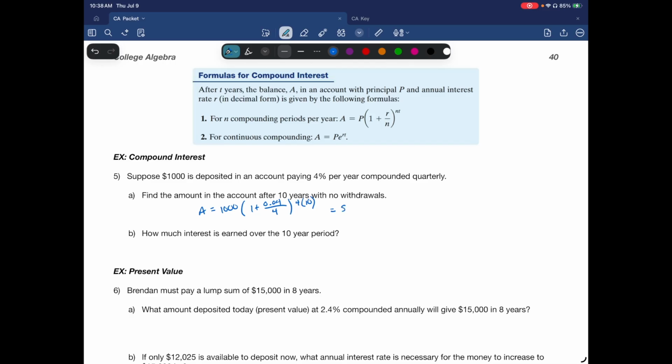And that's going to give you 1,488.86. We're dealing with money, so we'll round to 2 decimal places. So if you don't touch your money at a 4% interest rate and it's compounded quarterly, after 10 years, you're going to gain almost $500 on top of that. Is that the best?